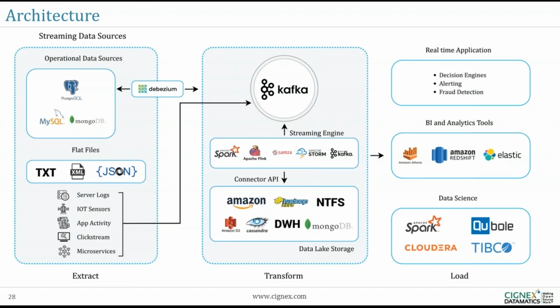Another source of information could be a microservice, which is again a trend. Most organizations are working on converting their applications to a microservices world, where you eventually have an opportunity to integrate with Kafka. We have a Kafka connector which can talk to a microservice, and from microservices you can export different types of events.